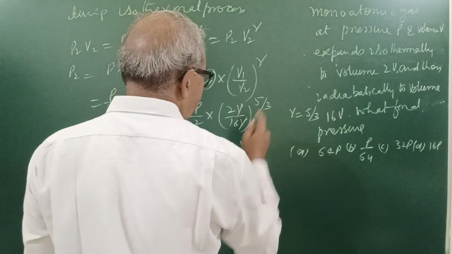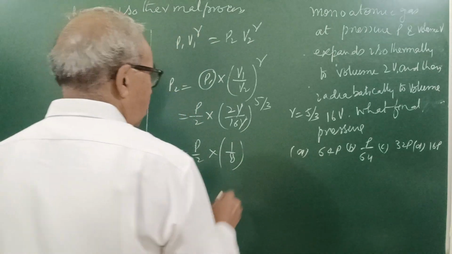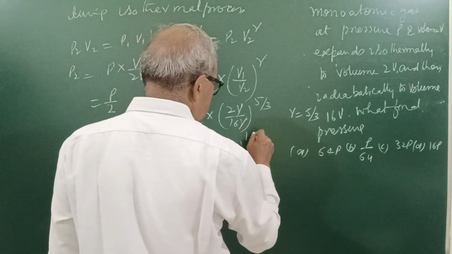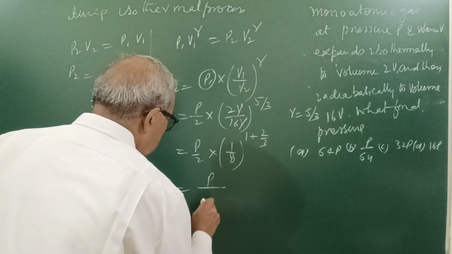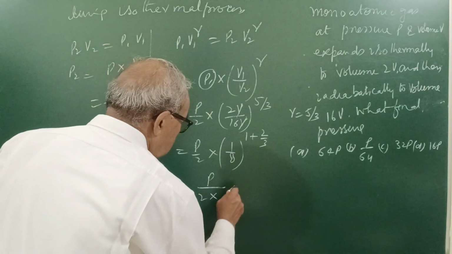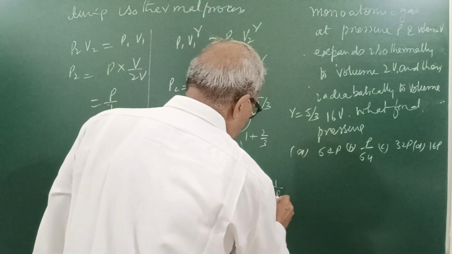To the power 5 by 3 means 1 plus 2 by 3. It means P upon 2 into 1 by 8 into 1 by 8 to the power 2 by 3.